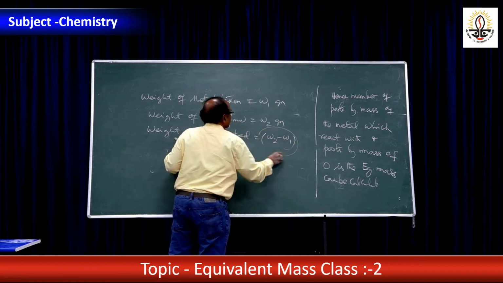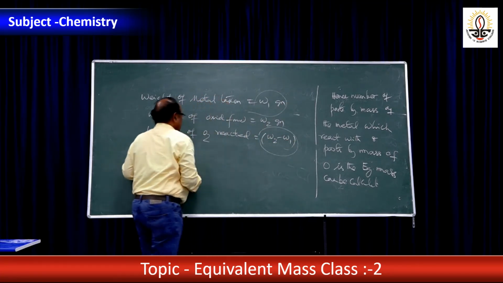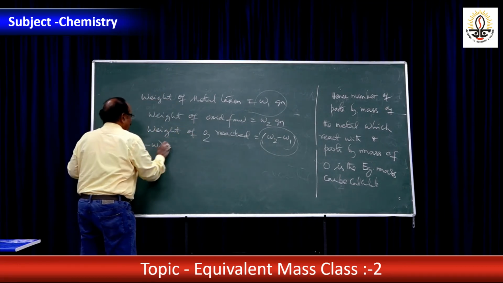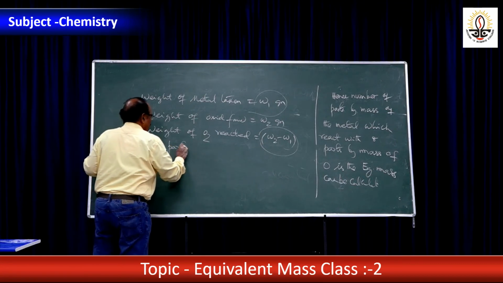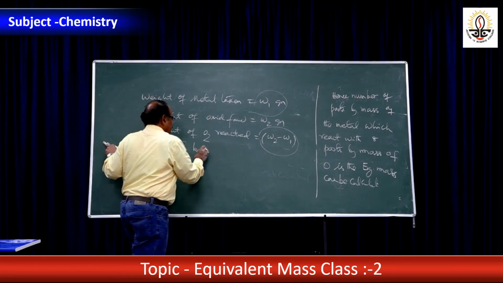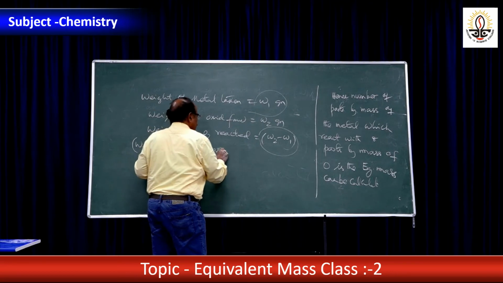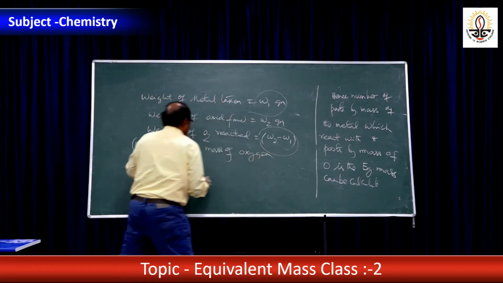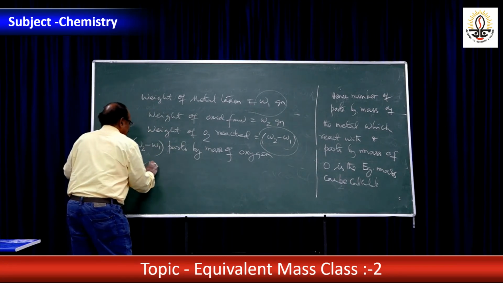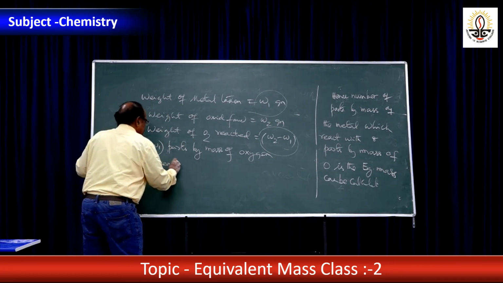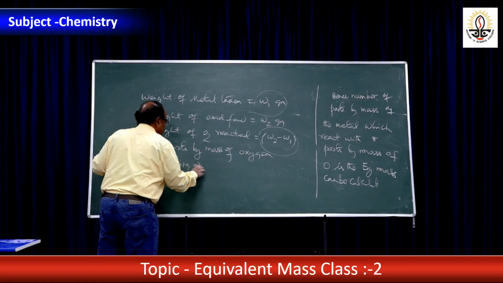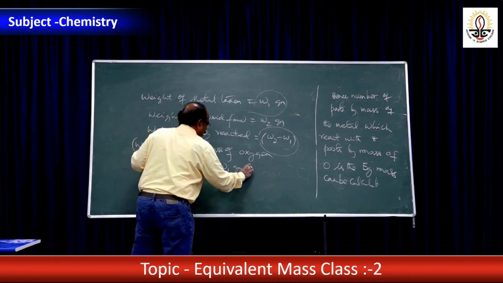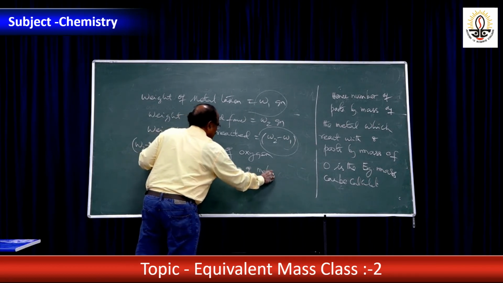Now this is reacting with this one, so we say W2 minus W1 parts by mass of oxygen is reacting with W1 gram of metal.